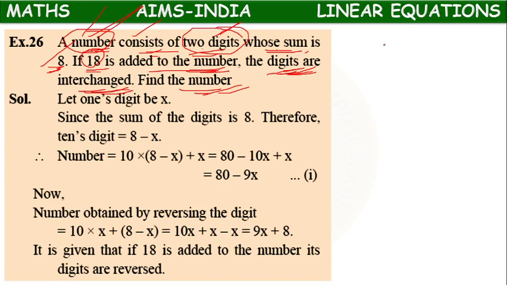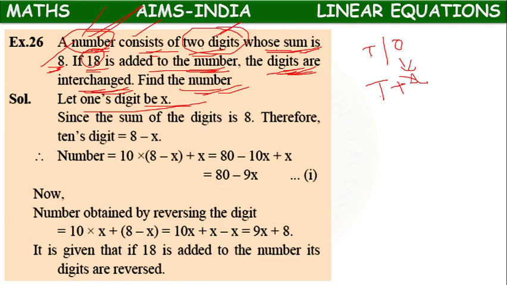So a 2-digit number will have a ones place and a tens place. Let the ones digit be x and the tens digit be t. But what they have given is that the sum is 8.